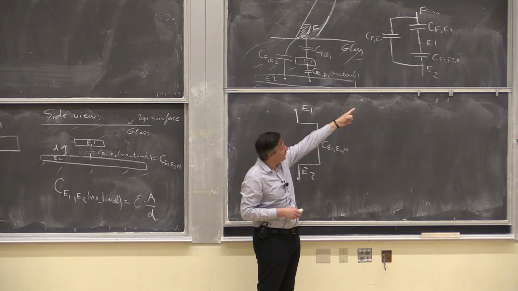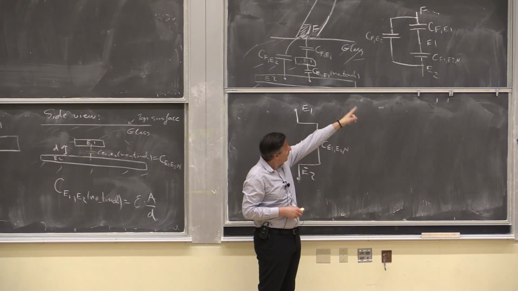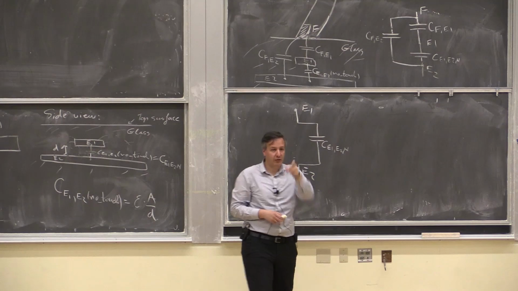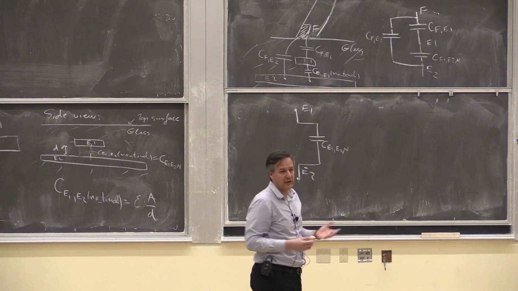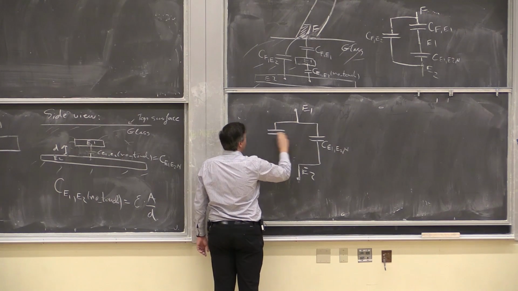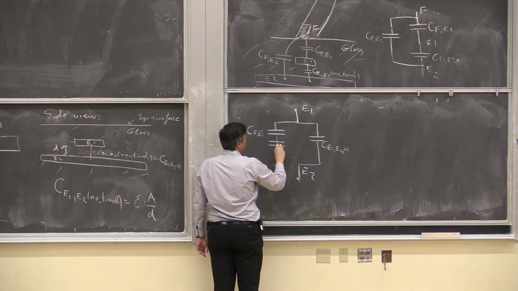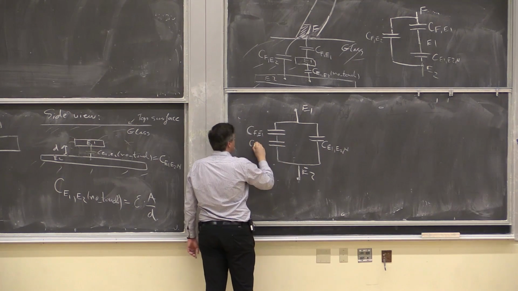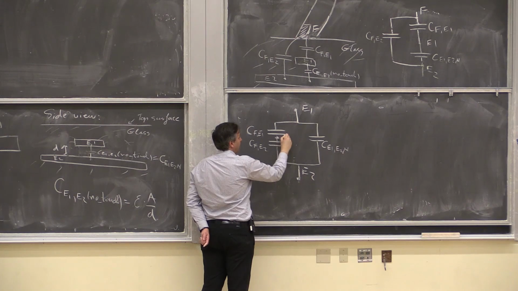Like from node E1 to E2, how many paths are there? There are two paths, right? One straight down and one around, right? So yeah, you had it. Isn't it just a series of CFE1 and CFE2? Yes, yes. So it's basically CFE1 and then in series with CFE2. And what's this node in the middle? That's the finger, right?